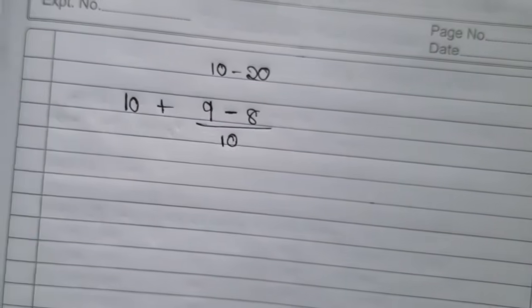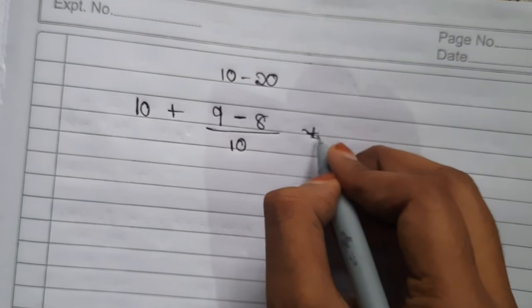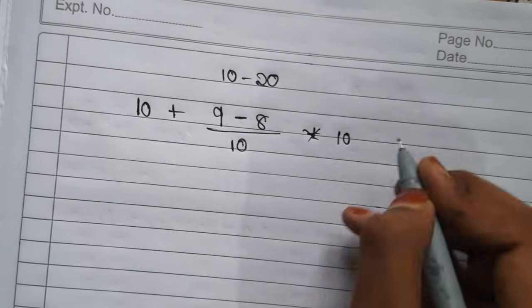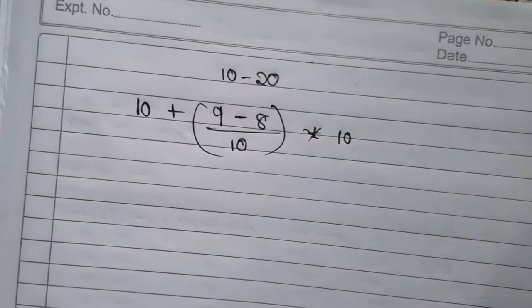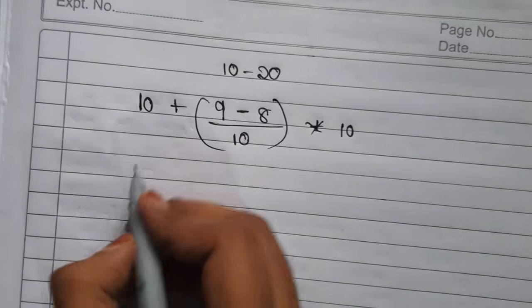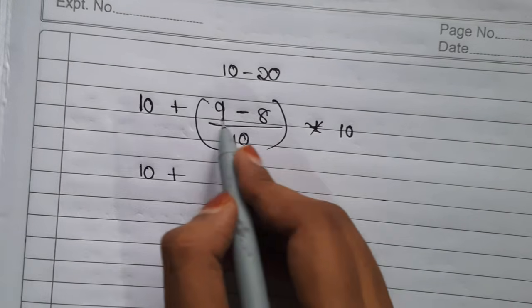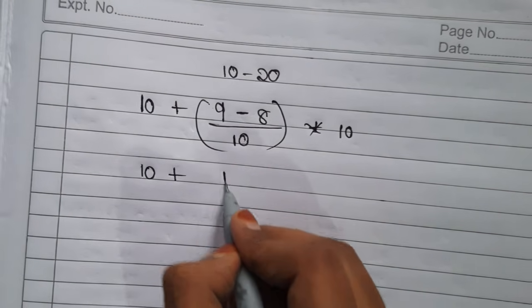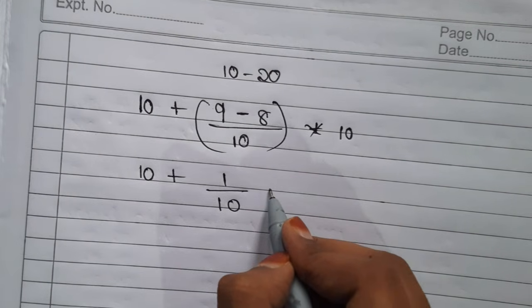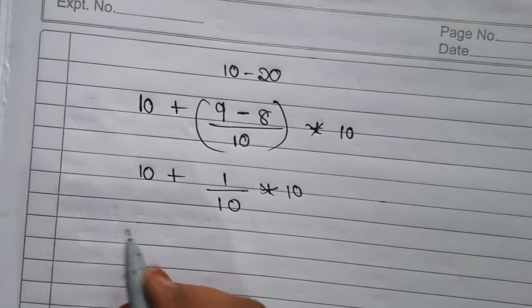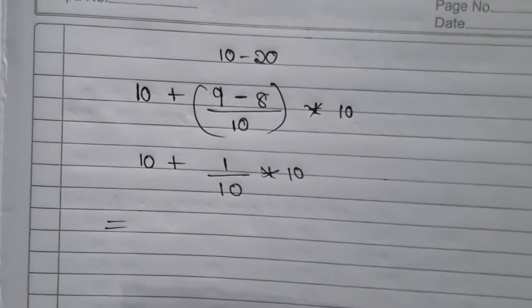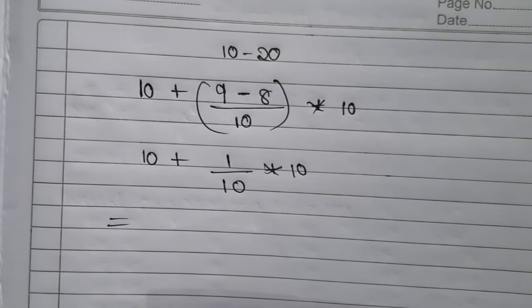So now multiply by I. I is the gap, 10. So we will be doing this calculation: 10 plus 9 minus 8, that is 1 by 10, multiplied by 10. Do this calculation and tell me in the comment section: 10 plus 1 divided by 10 into 10. How much is it?